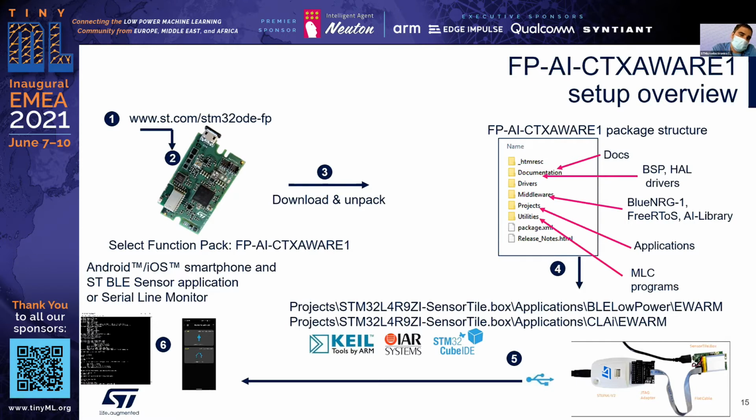And finally, you will find the source code for the two applications, the BLE application and the command line application. Then you just need to use one of the three supported IDEs to compile the code and flash it on the target.